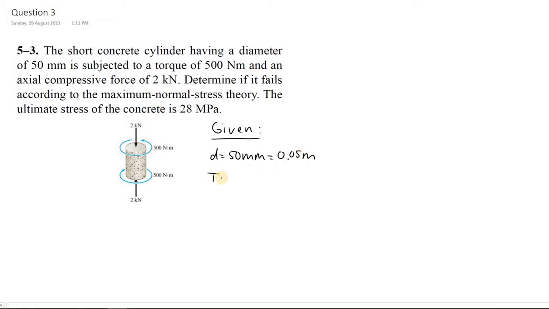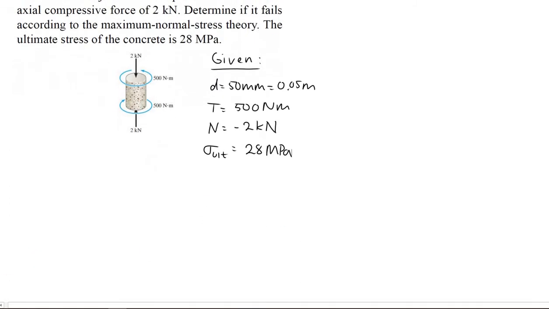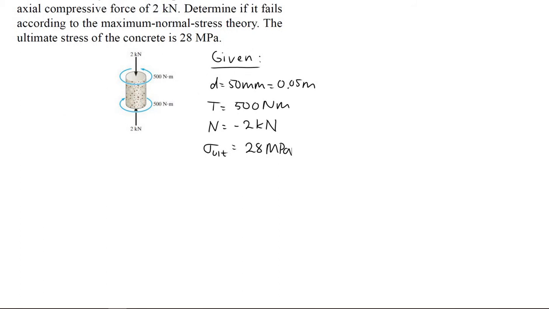We've also been given a torque of 500 newton meters, a normal force of negative 2 kilonewtons, it's compressive, and we've been given the ultimate stress for the concrete as 28 megapascals. So a way to approach this question is by doing this in steps.